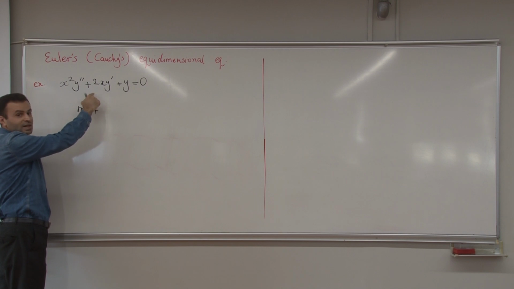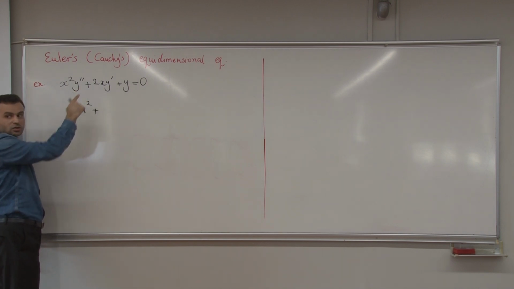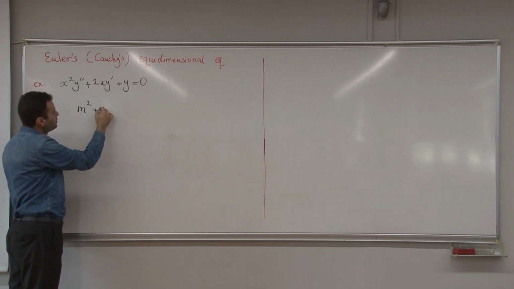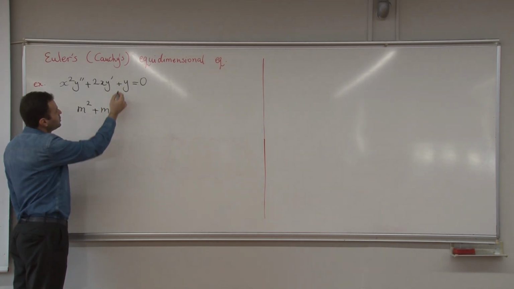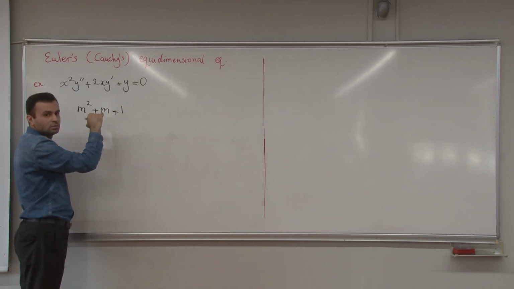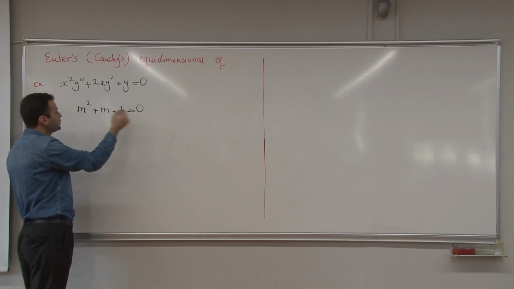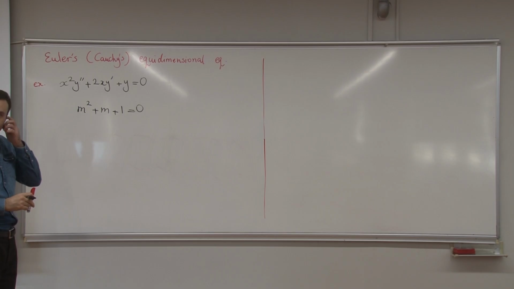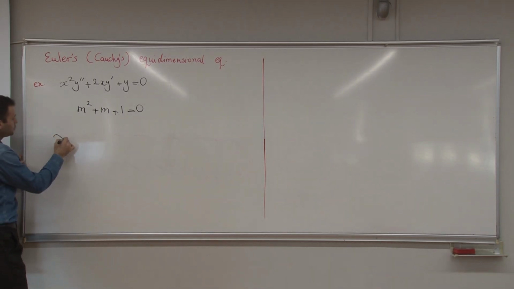And our characteristic equation for Euler's equation was p minus 1 times m here, plus 1 equal to 0. What are the roots of this? What is m1 and m2?